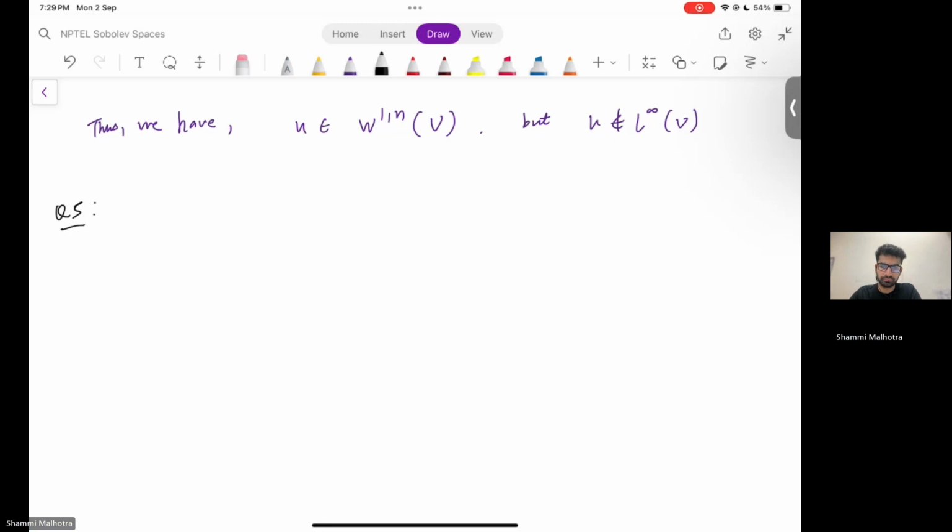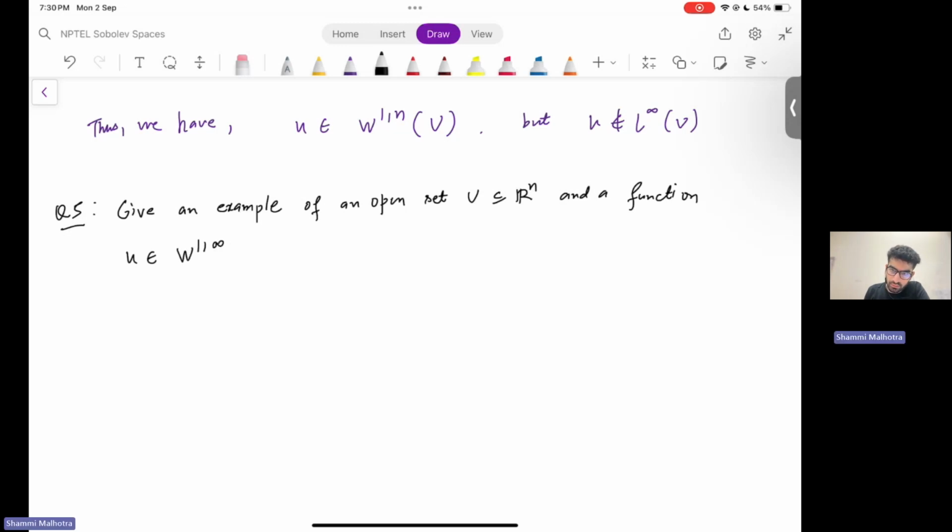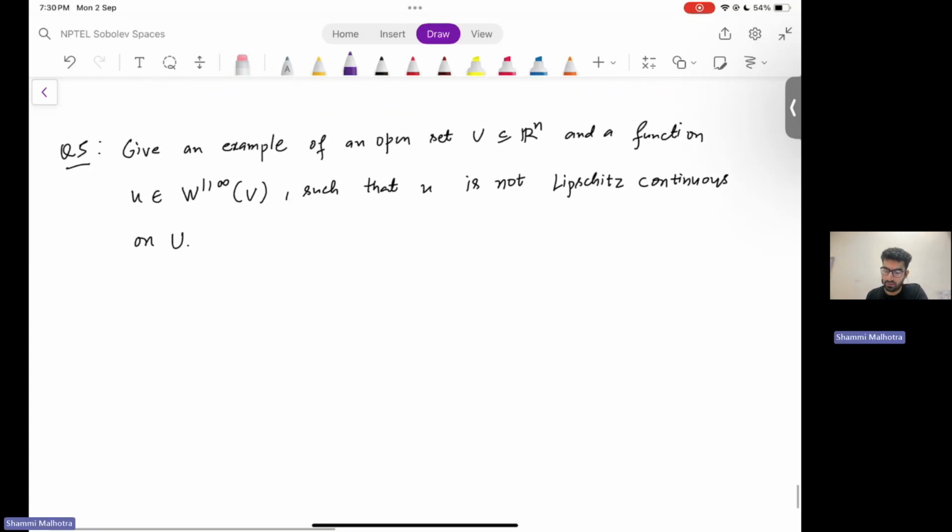So the next question says: give an example of an open set U subset of Rn and a function u in W1 comma infinity of U such that u is not Lipschitz continuous on U. So this is quite non-trivial, or quite surprising, to have this type of result, which is not intuitive.